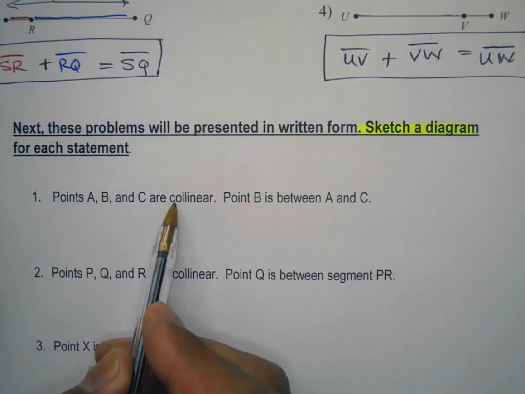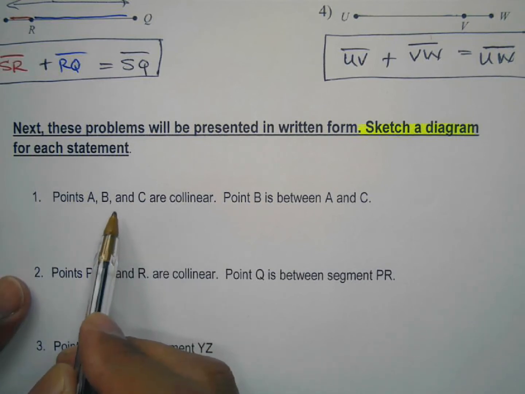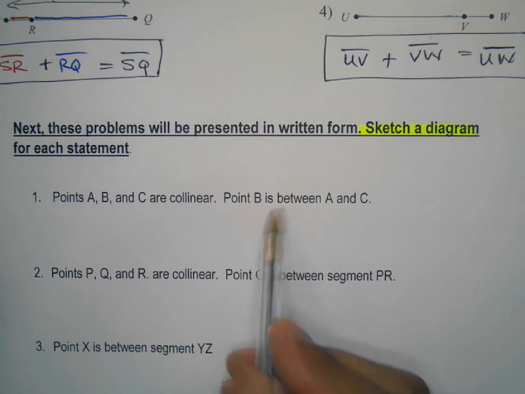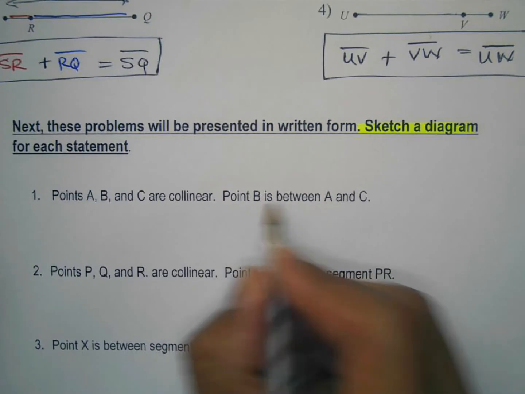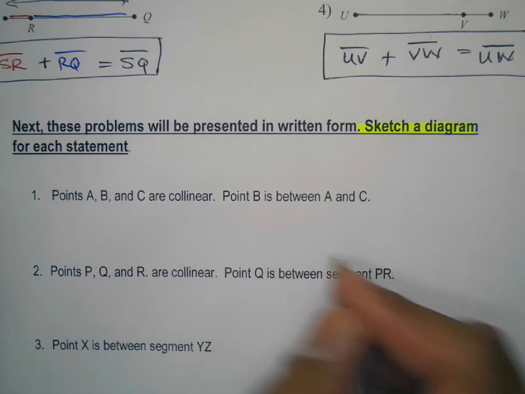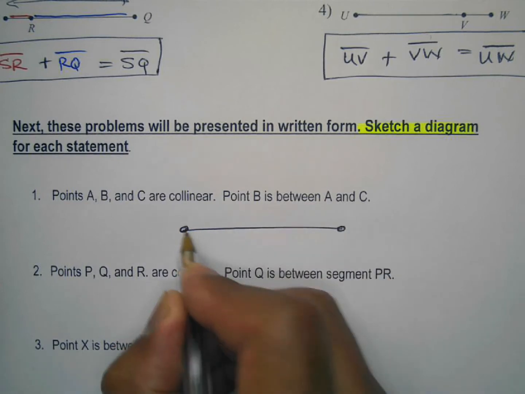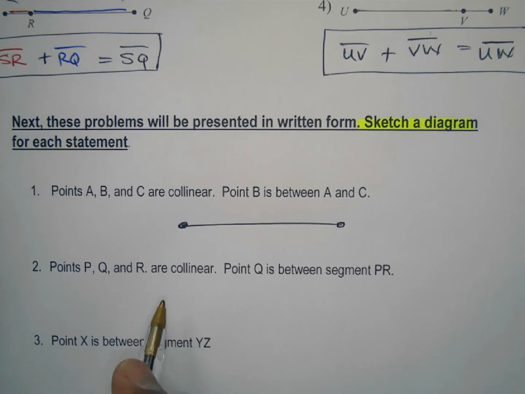Points A, B, and C are collinear. Okay, I understand there's 3 points, but you got to listen to the rest of it to tell you in which order it goes. And this is where you got to pay attention. Point B is between AC. So here's the ends, here's the segment. And which point is somewhere here?